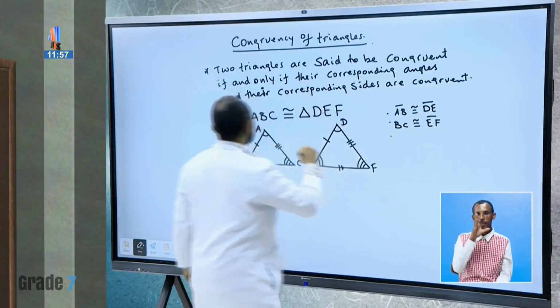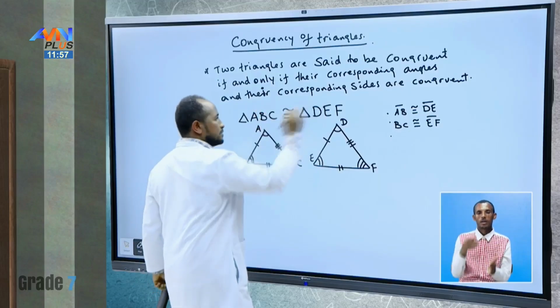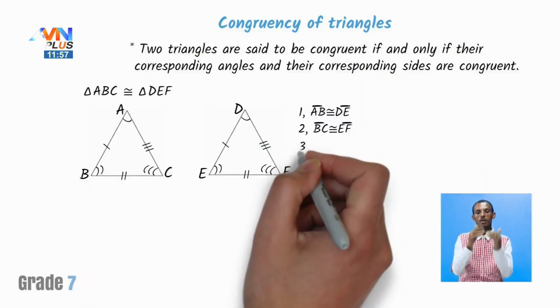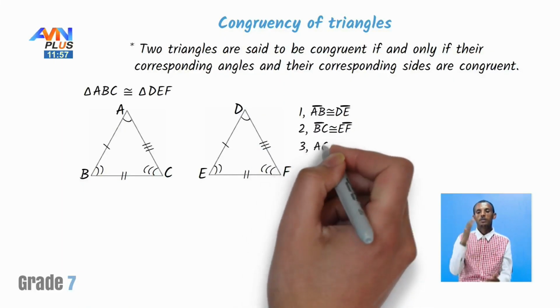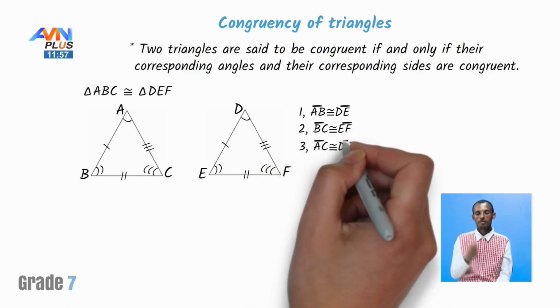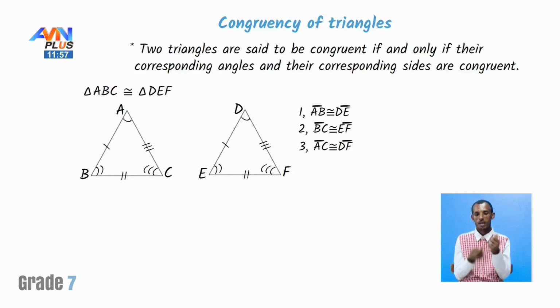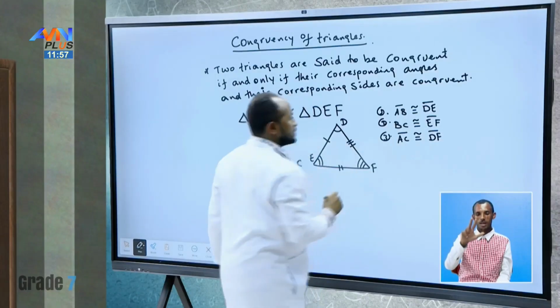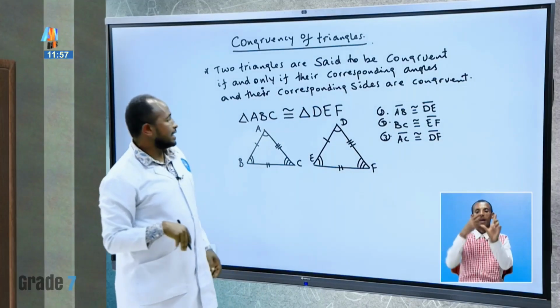And again, side AC must be congruent to side DF. That is 3 parts; the remaining 3 parts are the corresponding angles.